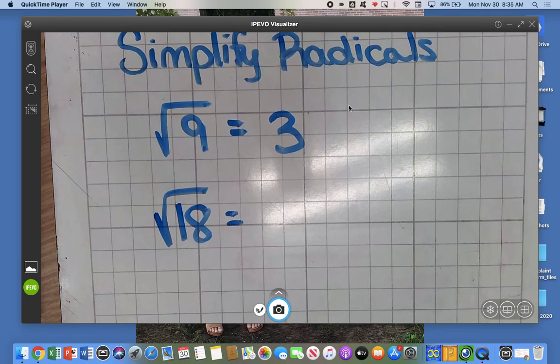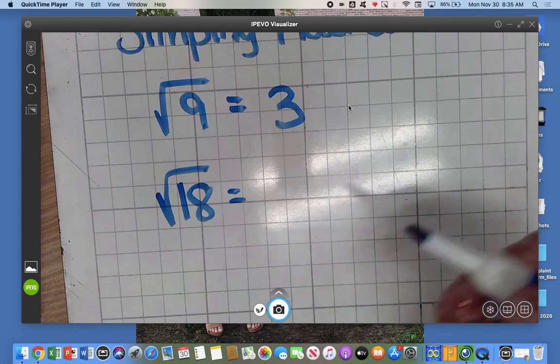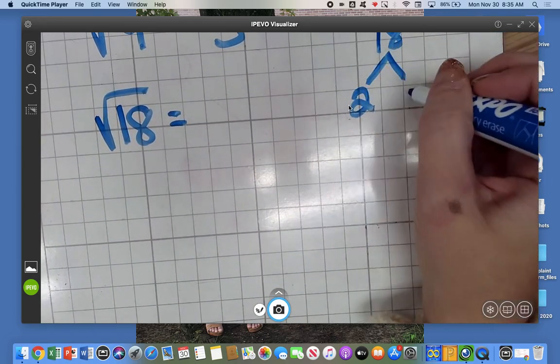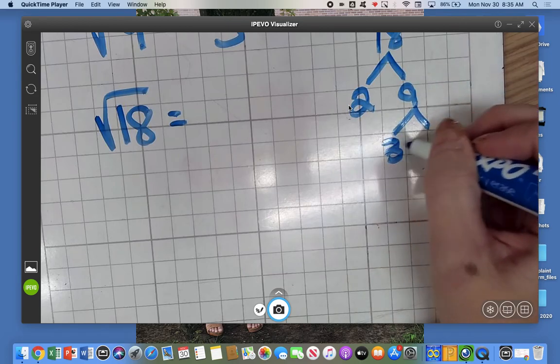Do you guys remember, probably in 4th or 5th grade, doing prime factorization where you did a tree and listed all the numbers that multiplied to make 18? You took 18 and said, oh, that's 2 times 9, and then 9 could split into 3 times 3.